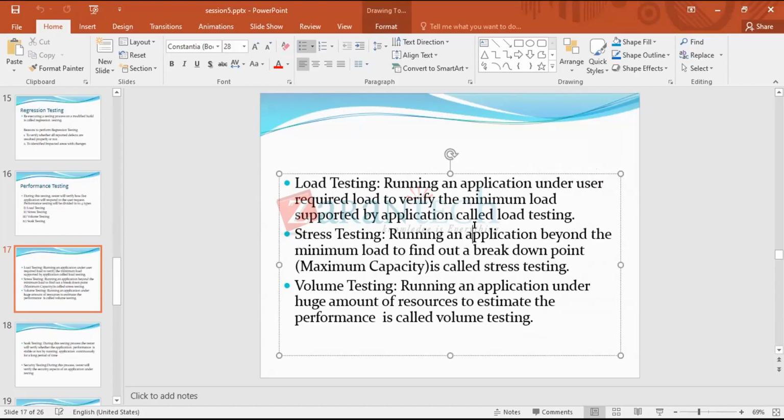So here 100 is my required load according to my business. That's the reason: running an application under the user's required load to verify the minimum load. My intention is whether the particular application supports the minimum load with good speed or not. That's all. That is called load testing. I think you got my point, right? Right.